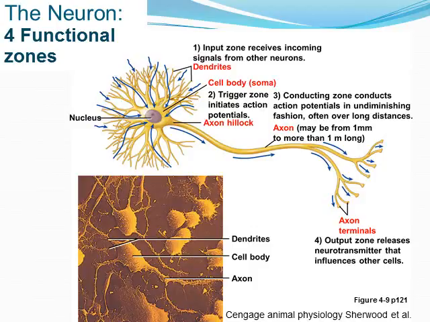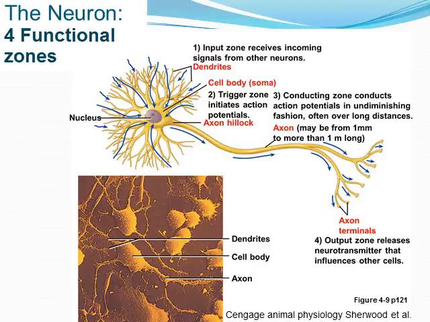So you have the dendrites and the cell body which pick up on the signal. If the signal is strong enough to trigger an action potential, this would occur at the axon hillock. That's the area of the neuron that leaves from the cell body and extends out and down the axon.